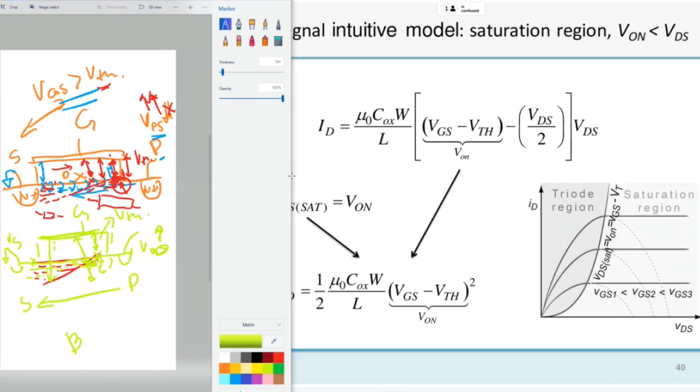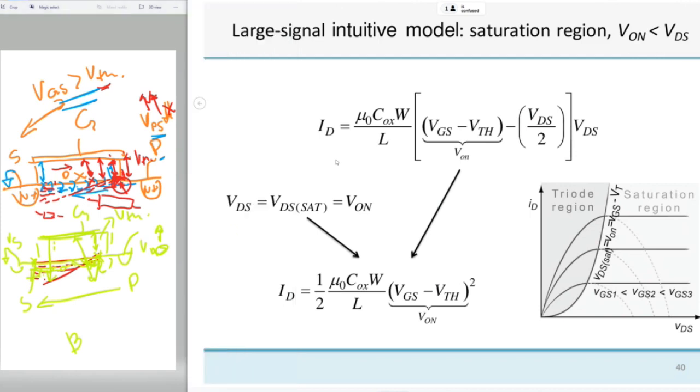The current is then determined by the conductivity of the channel from this point to this point. This determines the current, the movement of electrons within the channel. And here they are injected, and in an uncontrolled manner they arrive at the drain.